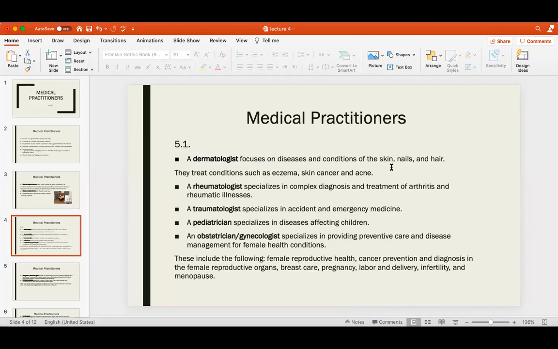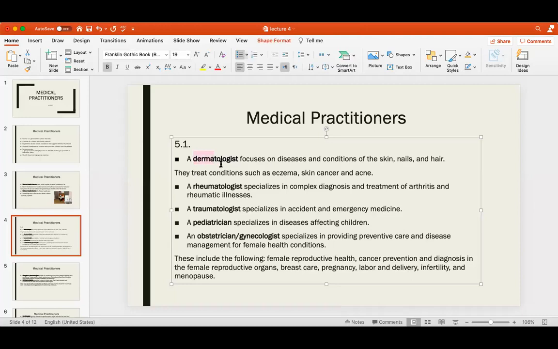They treat conditions such as eczema, skin cancer, and acne. We have said that the root derma, what is the meaning of the root derma? It means skin. So a dermatologist is a doctor who focuses on the diseases and the conditions of the skin.